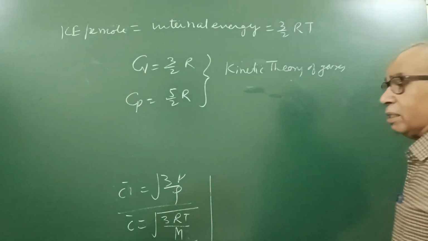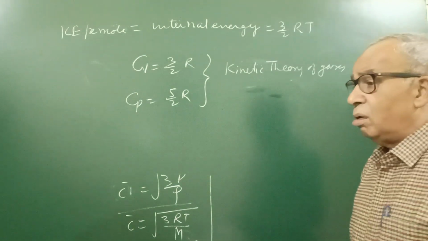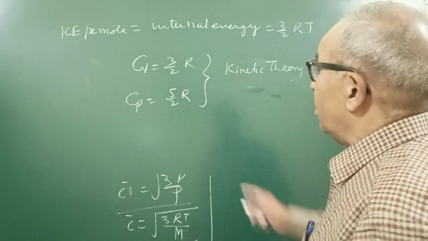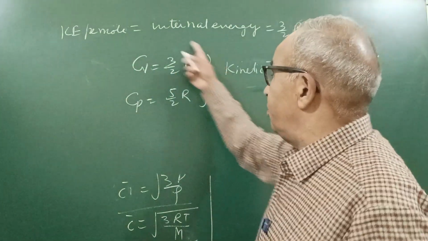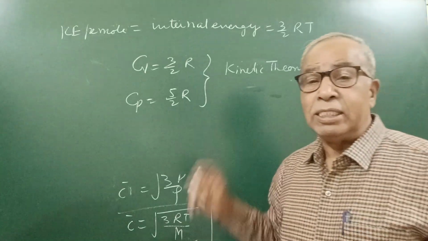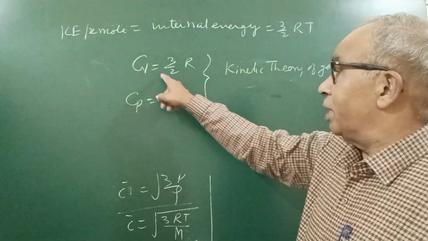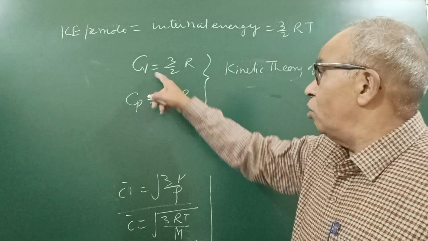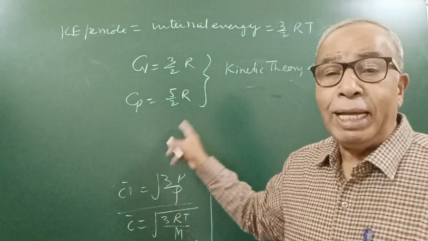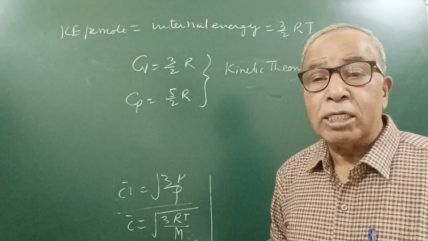But in competitive exams, the question comes taking all considerations. So these values of CP, CV are true, as I have told you, for monoatomic gases. For diatomic gases, these values of CP, CV, which we have derived theoretically, do not match with the experimental value.